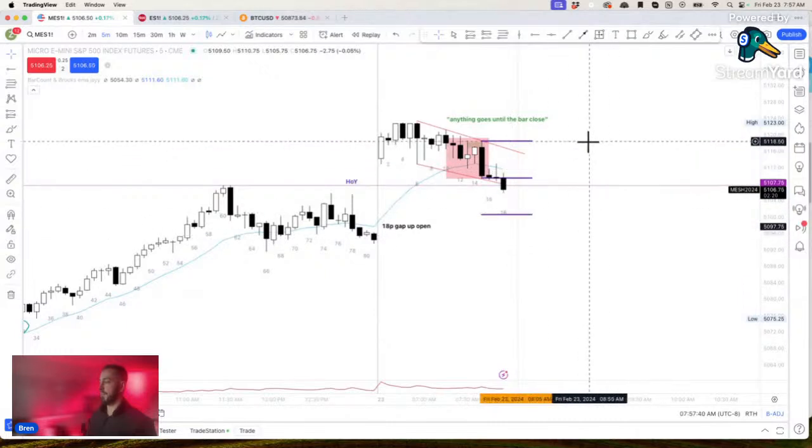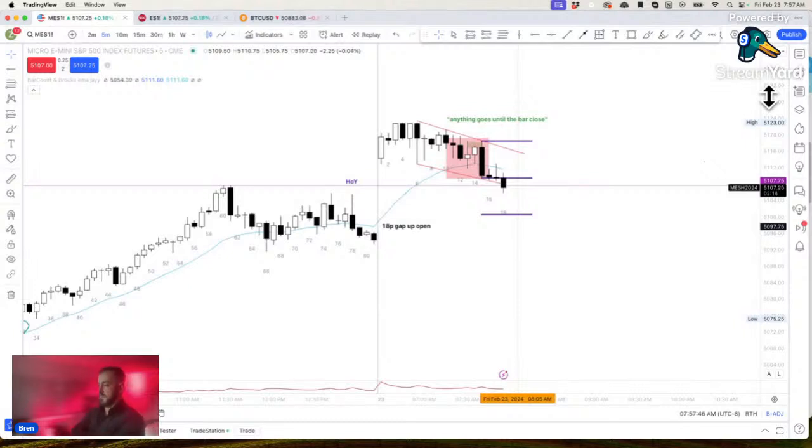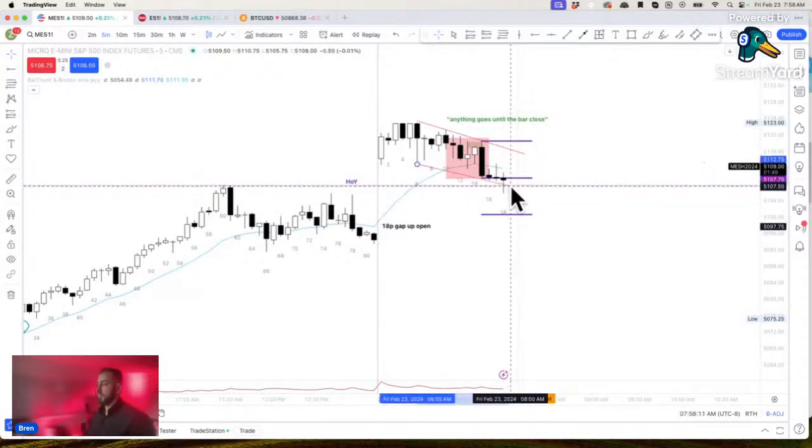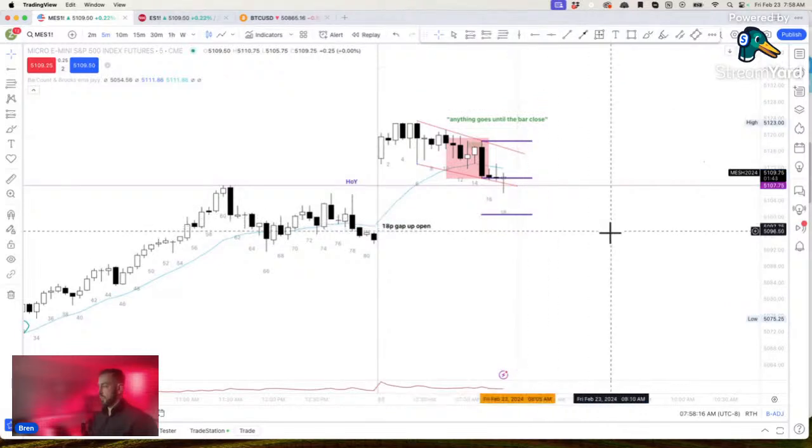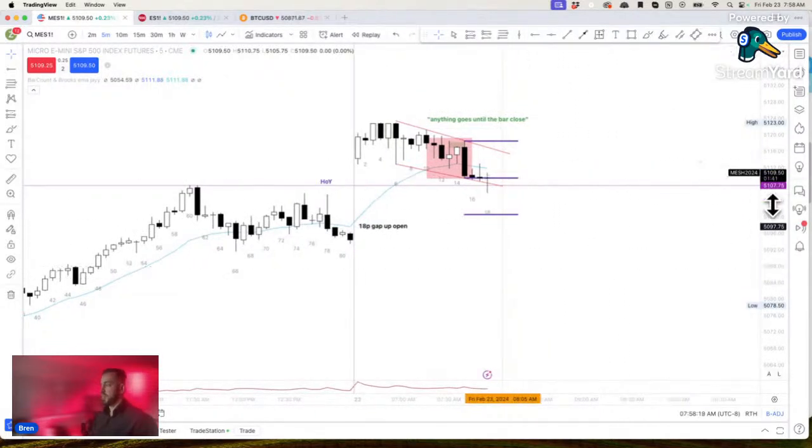Maybe we go down here. Possibility. Failed breakout below the channel. A minute 41 on the candle.